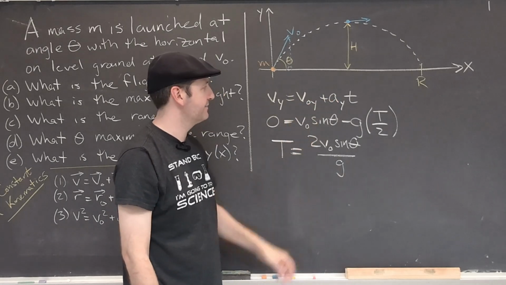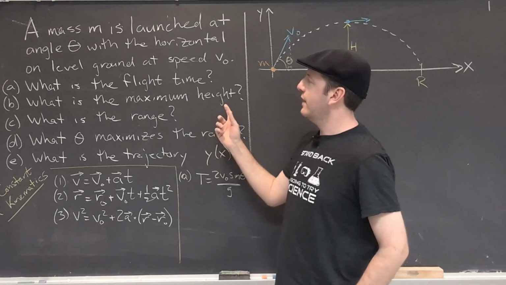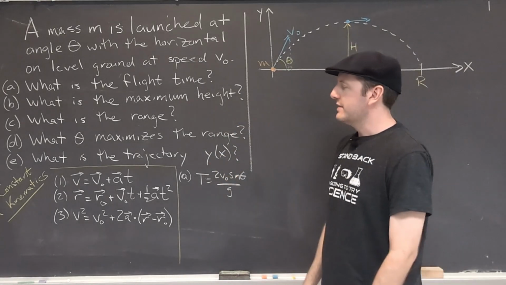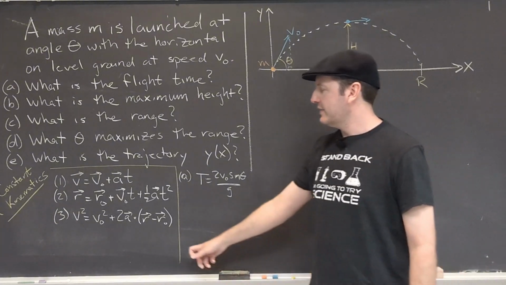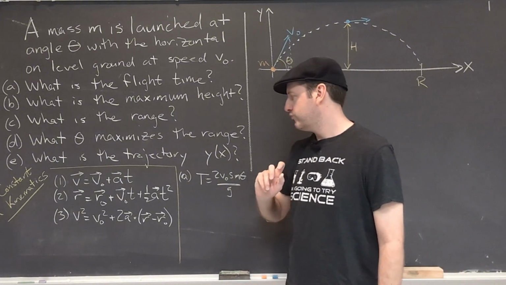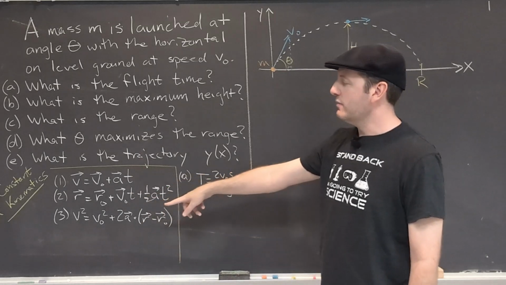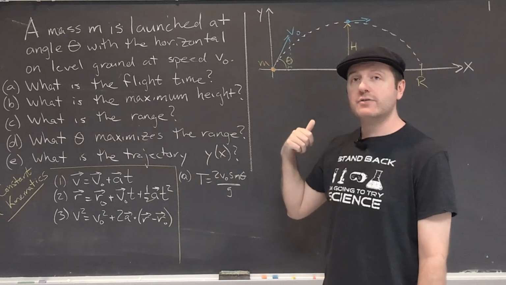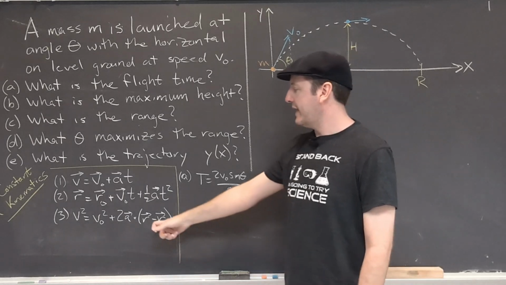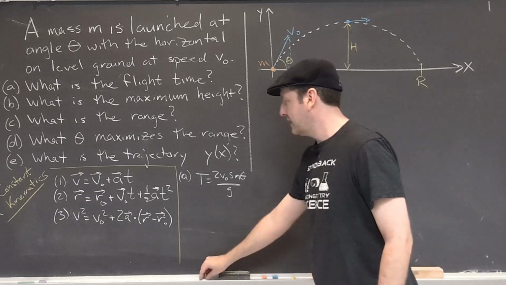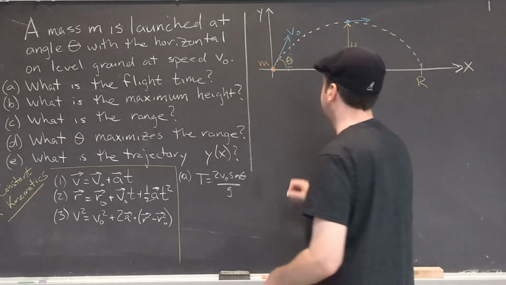So that makes sense. Now let's go ahead and calculate the maximum height. Again, there are a couple different ways of doing this. Let's go ahead and use, how about this third equation again? Notice that at the max height, we do know that the velocity in the y direction is 0. And I also know how to figure out how the acceleration and the position are related.